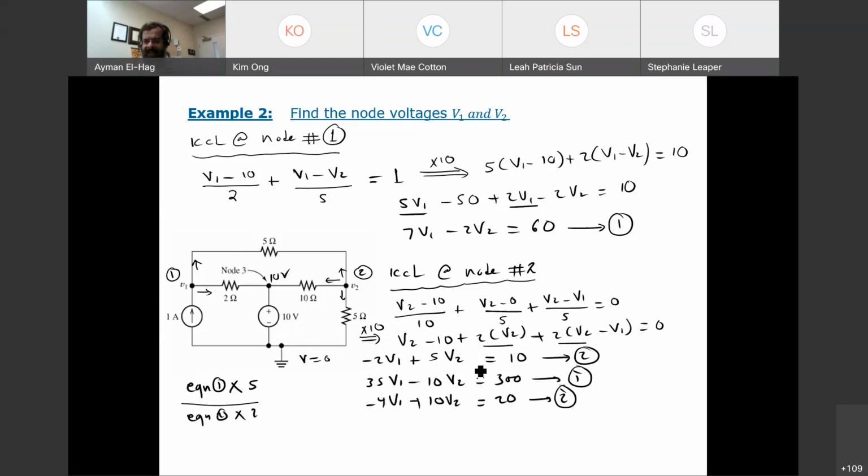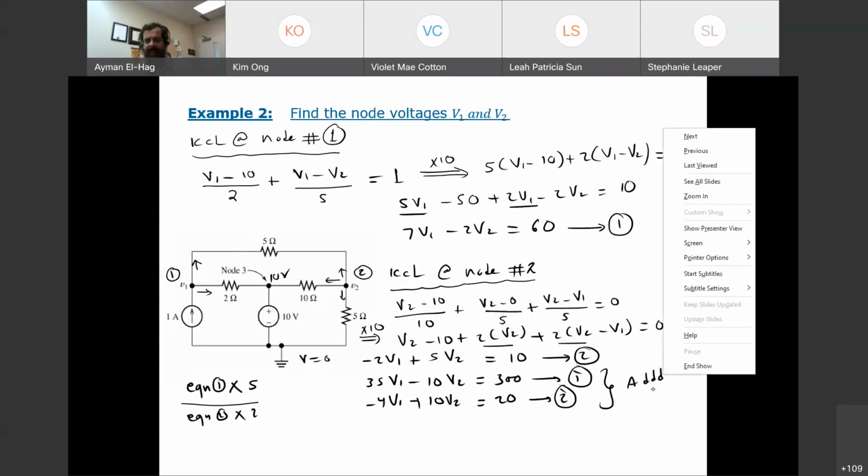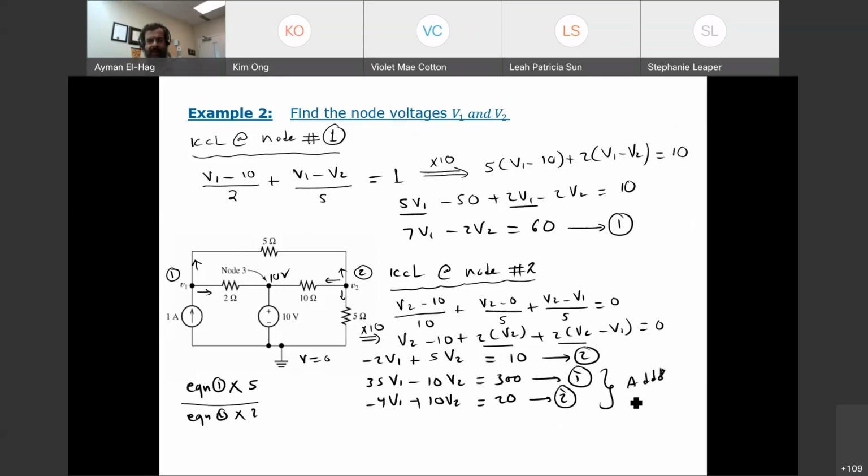Now, if we add these two equations, this plus this, it becomes 31V1, and the V2 will cancel. We are multiplying them by a factor so that V2 will be minus in one and plus in the other, so when we add the two equations together, I get rid of V2.